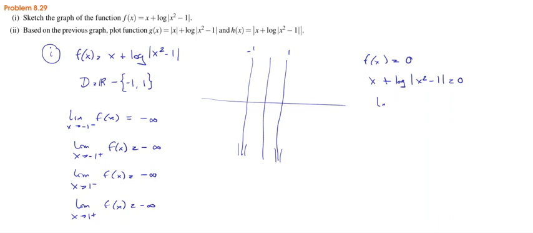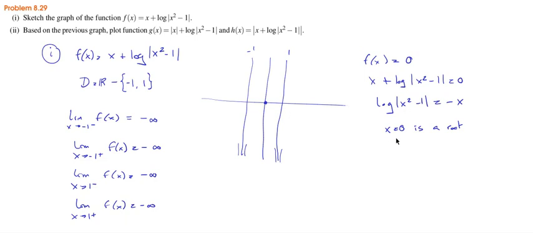In other words, the logarithm of the absolute value of x squared minus 1 is equal to minus x. It's not easy to see many roots here, but obviously x equals 0 is going to be a root, because this is the logarithm of 1, and 0 equals 0. So at 0 we have this.